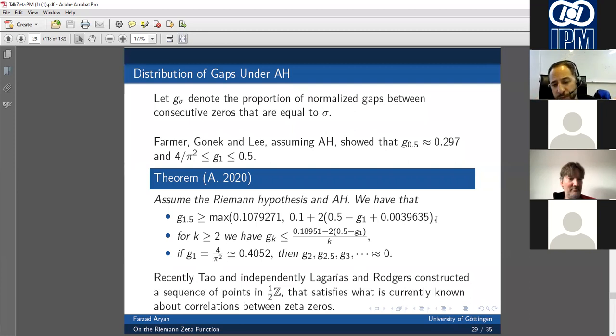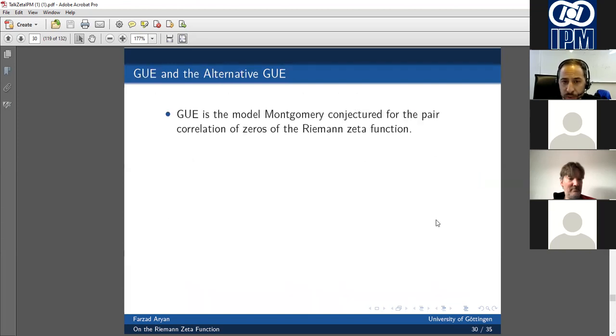When Montgomery was making a conjecture about the distribution of pair correlation of zeros, he based his conjecture on some estimates. They constructed a sequence whose gaps do not get small, and it is very rigid, but it satisfies everything that Montgomery based his model, or his conjecture, on.